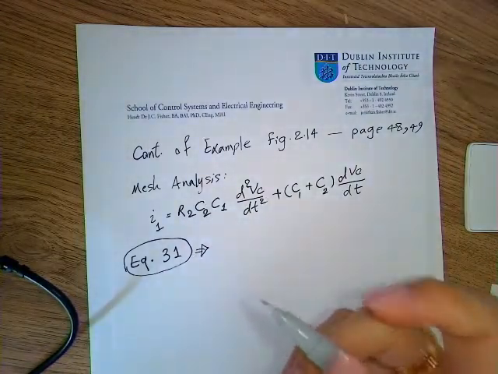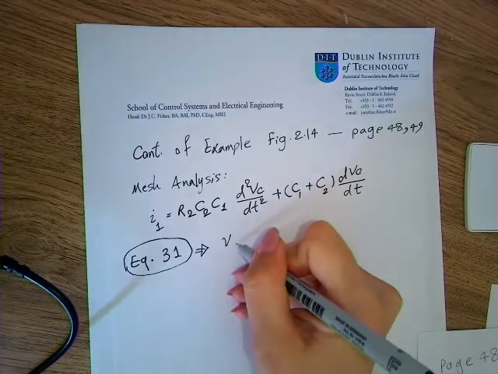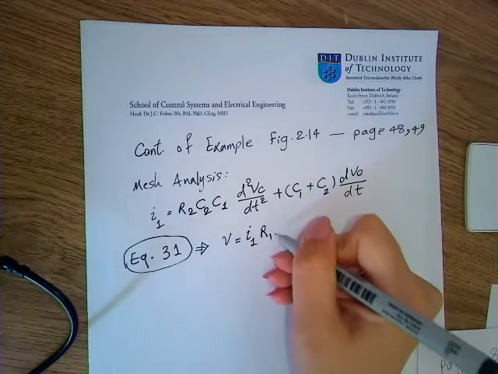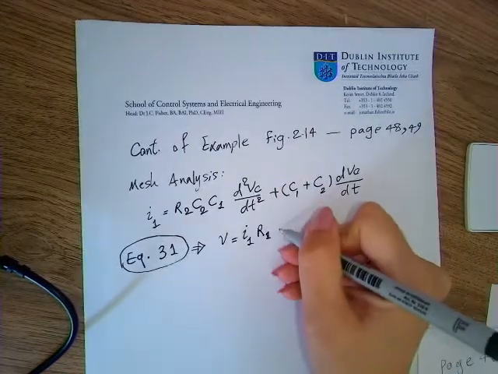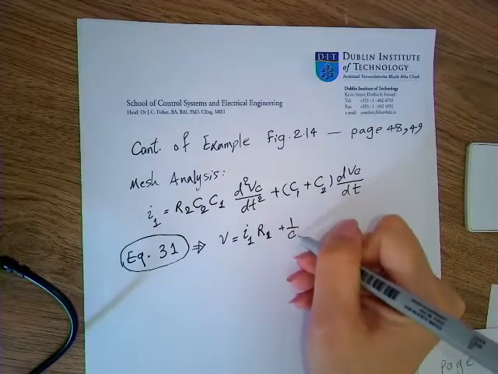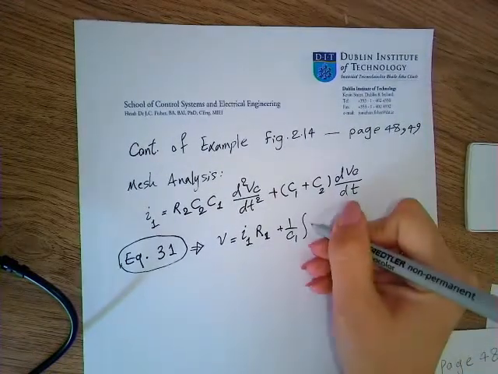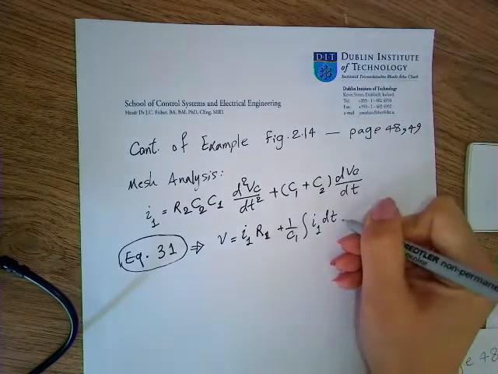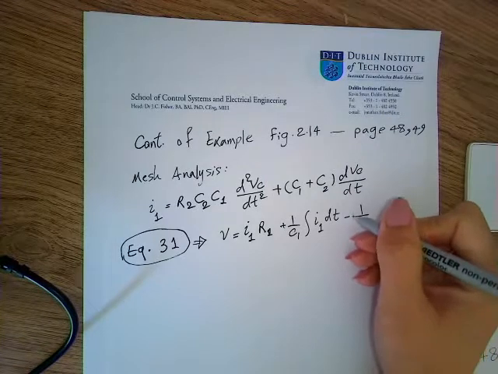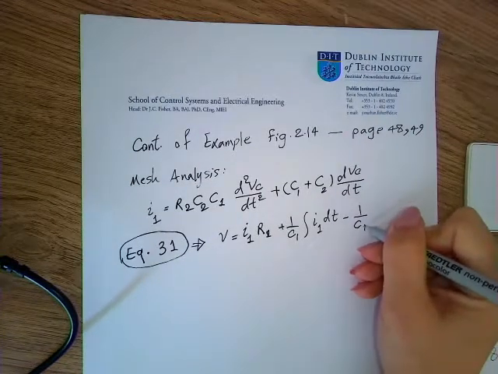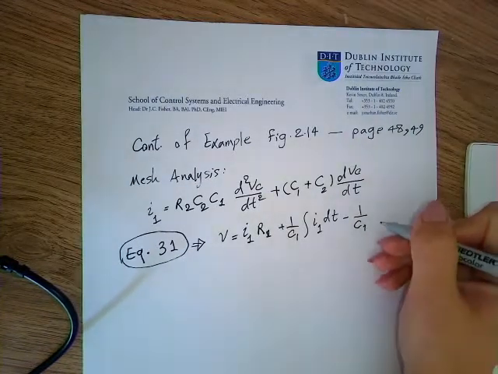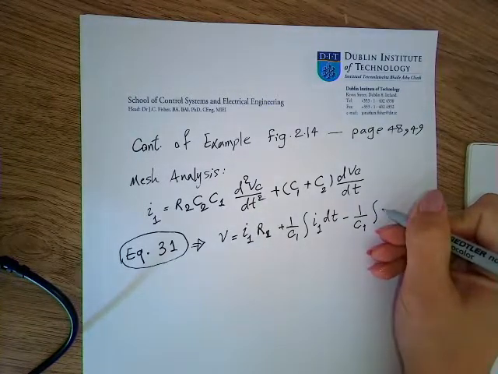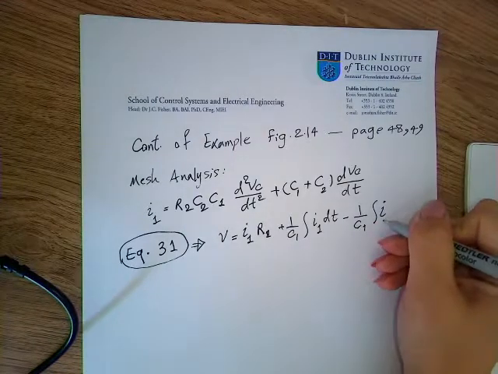Now, equation 31 is V is equal to I1 R1 plus 1 over C1 integration of I1 over T minus, just keep in mind that this is also C1. There is a mistake in the book, just be careful of that.